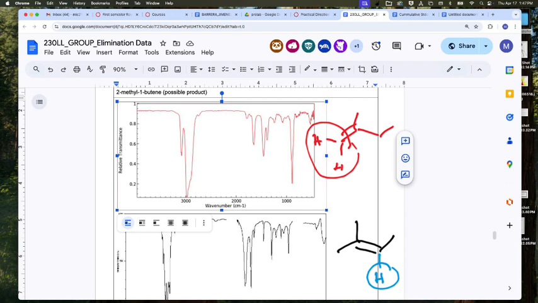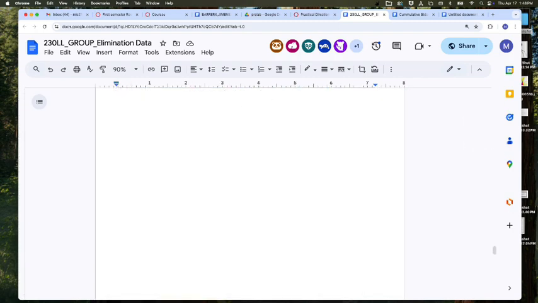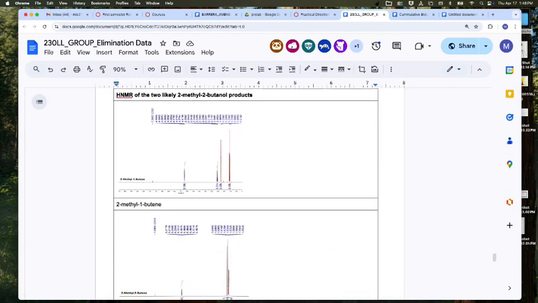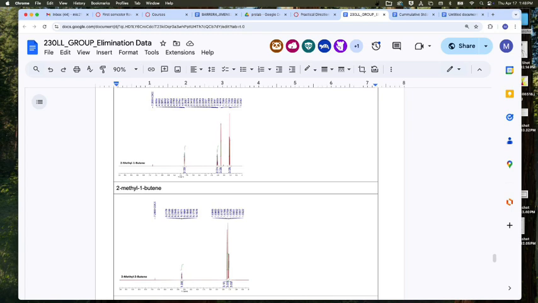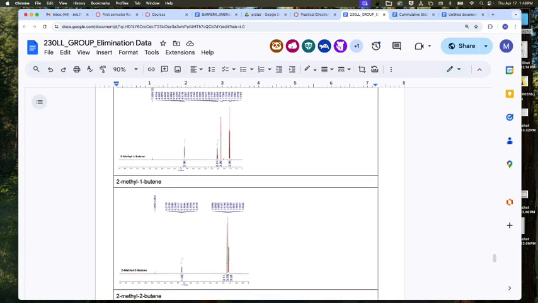Now that we've got a fundamental idea based off our structure, we could scroll down and look at the NMR. And we have the 1-butene and the 2-butene underneath it again. I know it's really, really small, but at least the scales are lined up the same. Hopefully what you'll notice is that in this range down here, those peaks all show up really similar to each other.